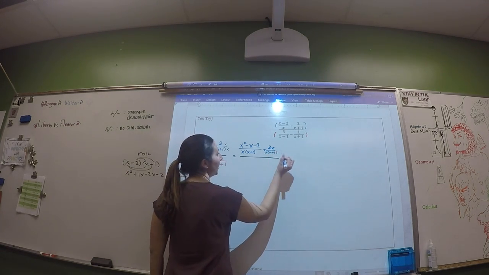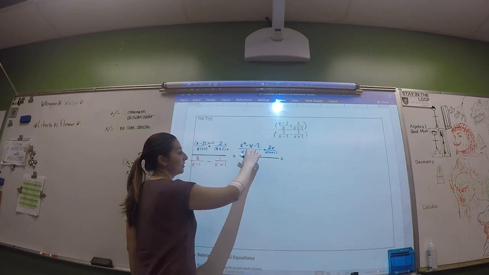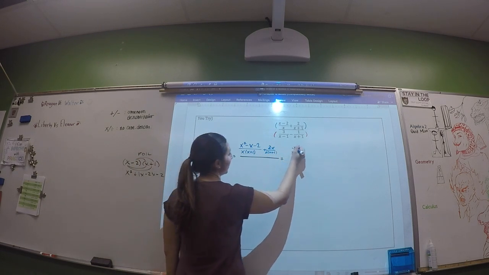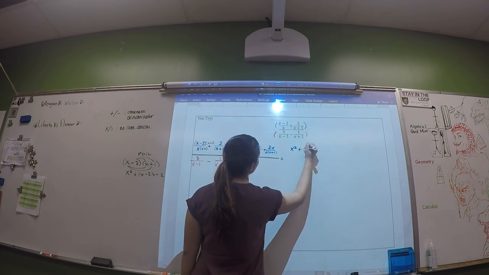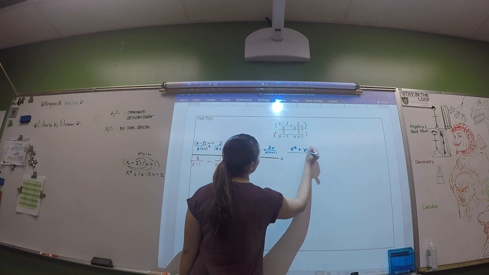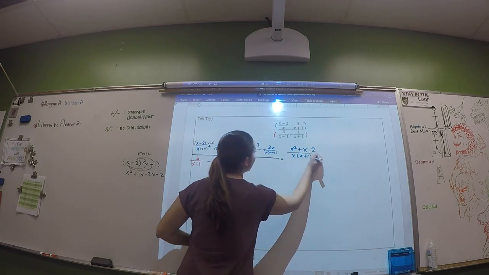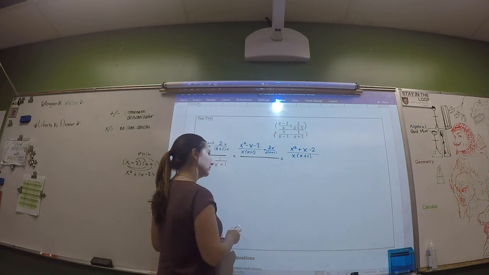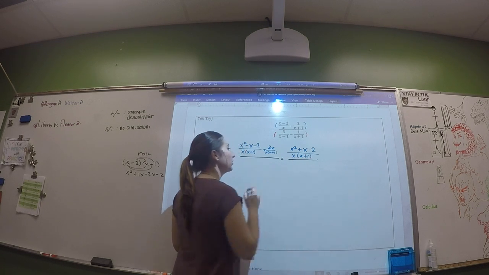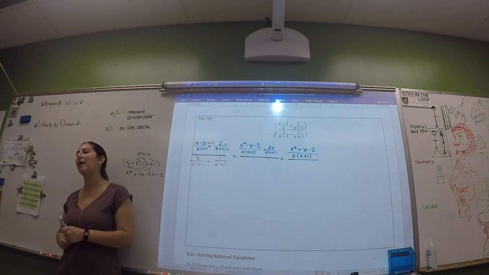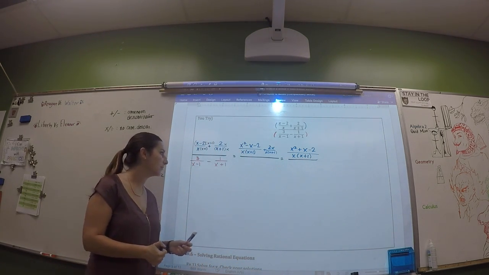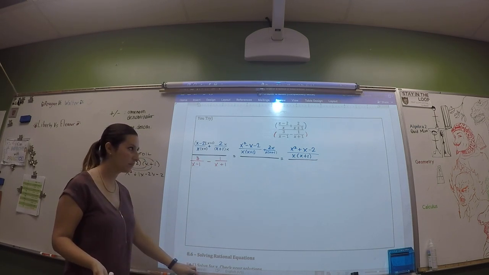And when we add that to 2x, since it's addition, this is a negative x, that's a 2x, you get x squared plus x minus 2, all over your common denominator. Don't distribute your common denominator. You can factor it later, but it's fine if you did, you're just going to have to factor it.